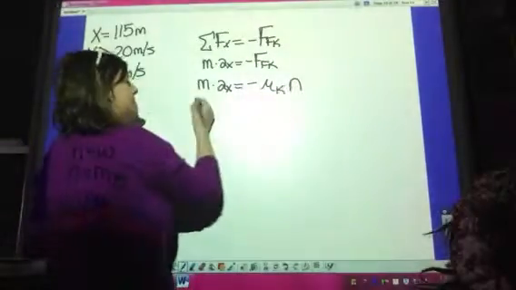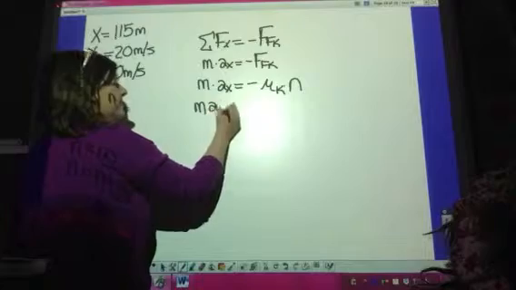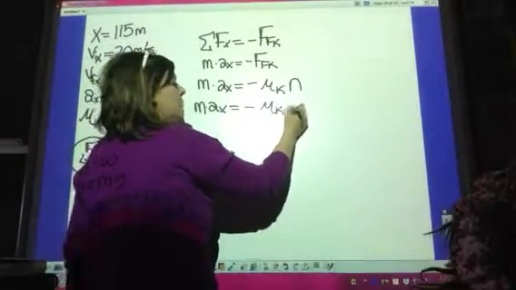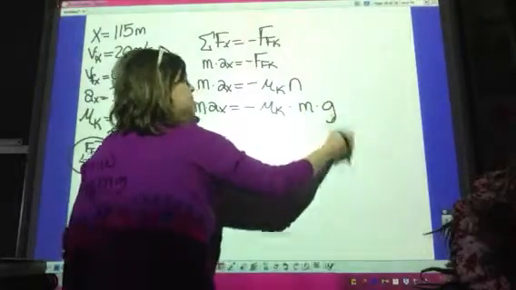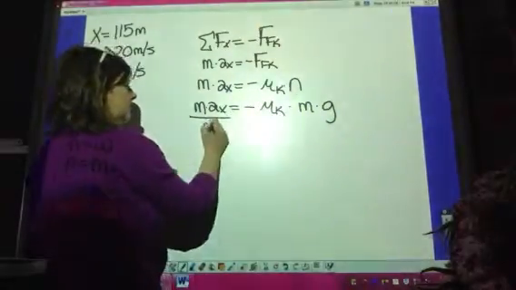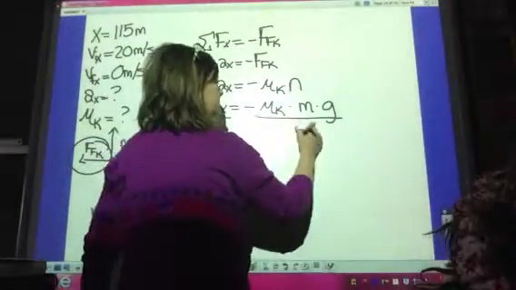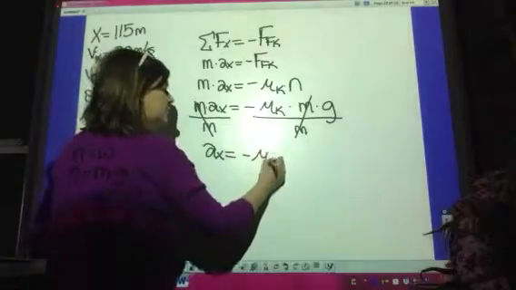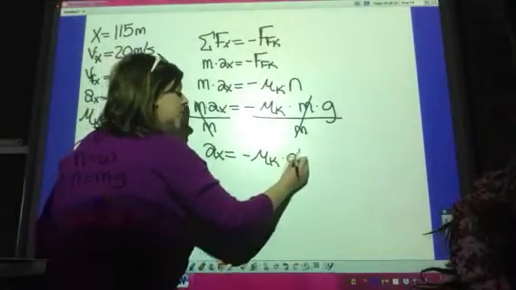So if I look at this, then I could rewrite that. Mass times acceleration in the x direction equals a negative mu k times m times g. So if I wanted just that acceleration here, I could divide both sides by mass, and I would find that my acceleration in the x direction is equal to mu k times g.